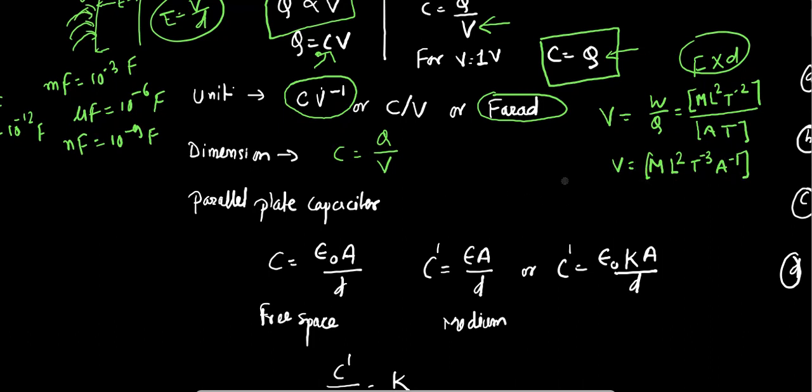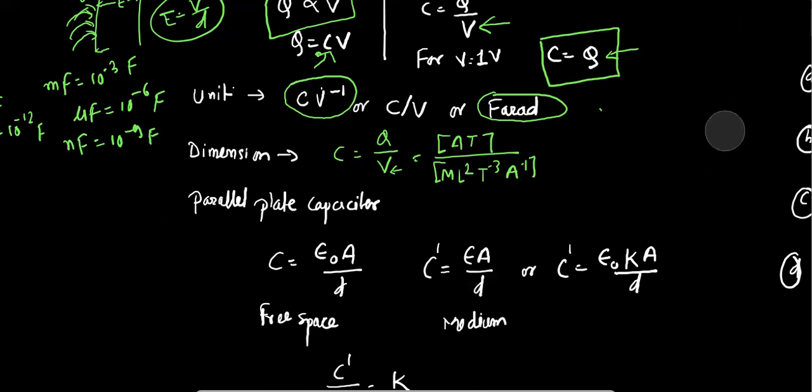And if we put the dimension of potential here, then we can get the dimension of capacitance. The dimension of charge is equal to the product of current and time, so we can easily write A times T, and the dimension of potential is M L 2 T minus 3 A minus 1.